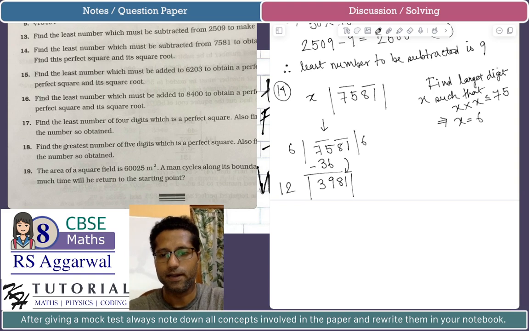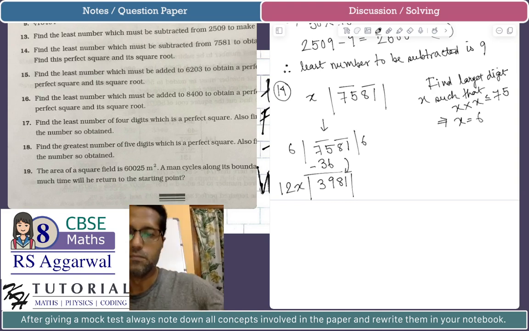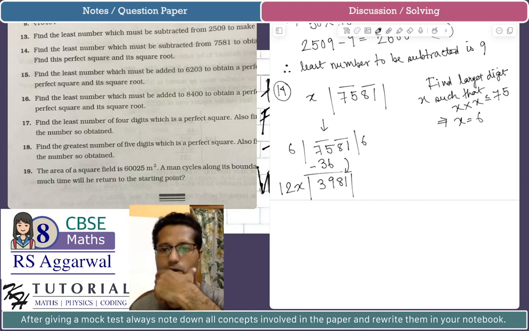Now we have to again find x such that... wait a second, I think I did something wrong.